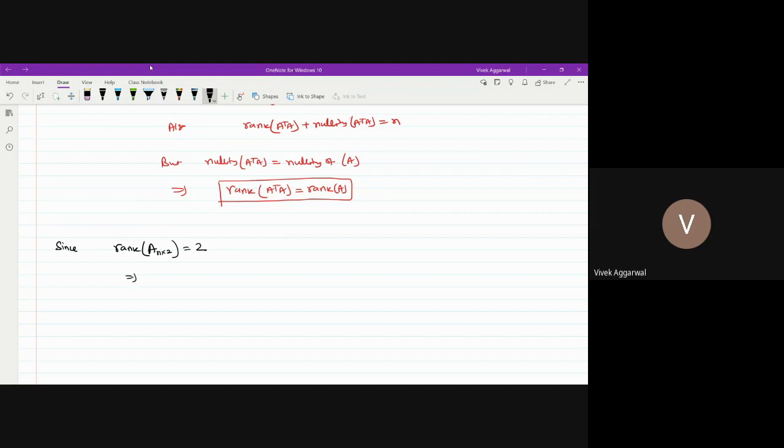Which implies that the rank of A transpose A, which is of order 2 cross 2, is also 2.